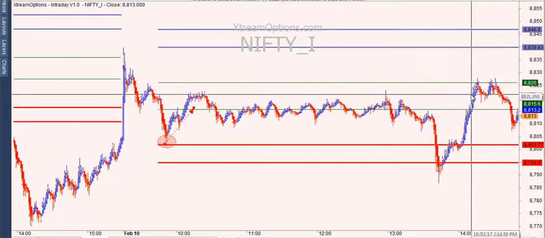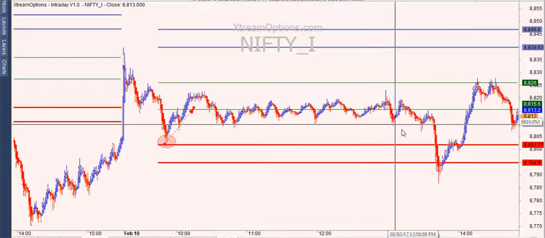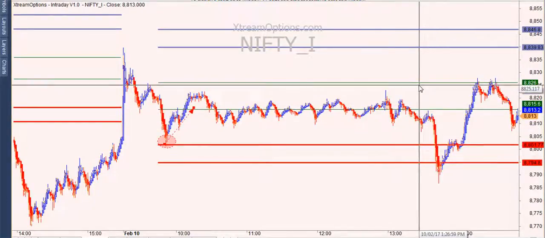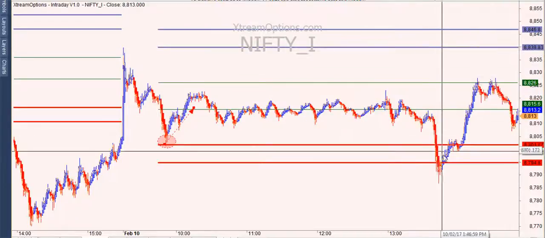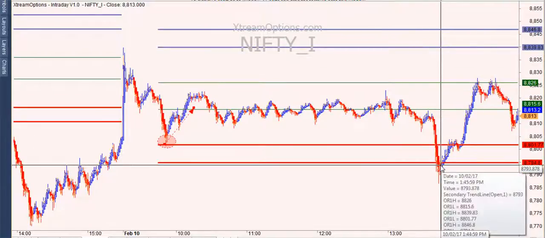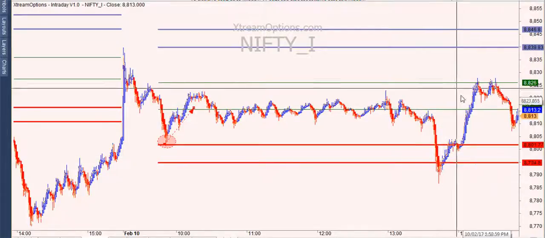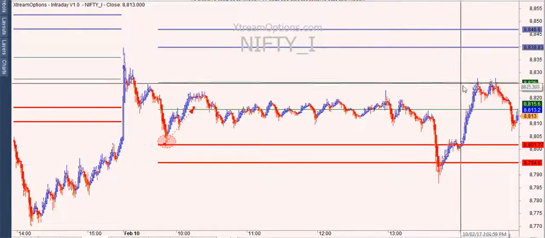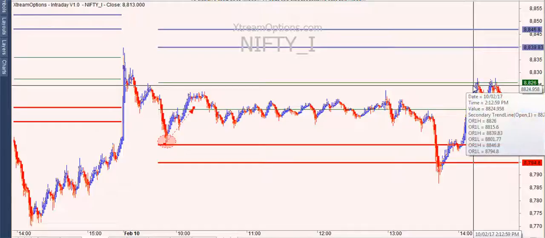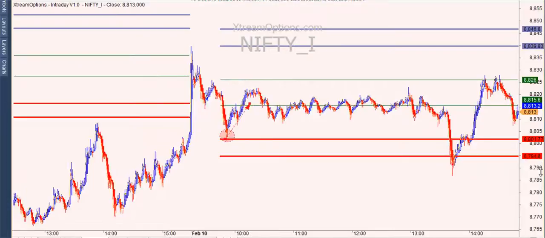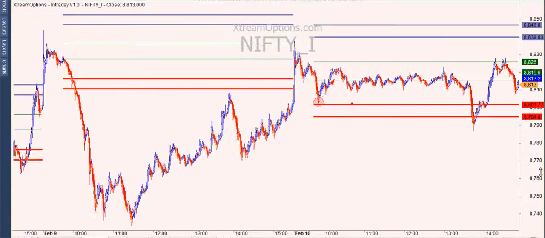The way we are going to be trading is not from the neutral zone to the support or neutral zone to the resistance. The way we'll be trading is from the support line back to the neutral zone, and from the resistance line back to the neutral zone. Let me show you how many times this setup works.